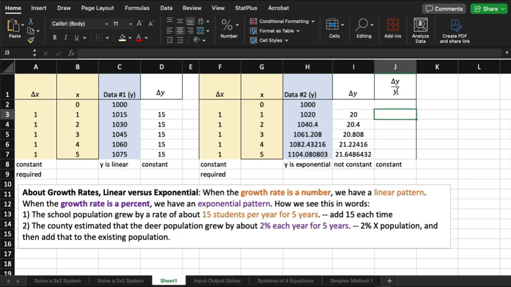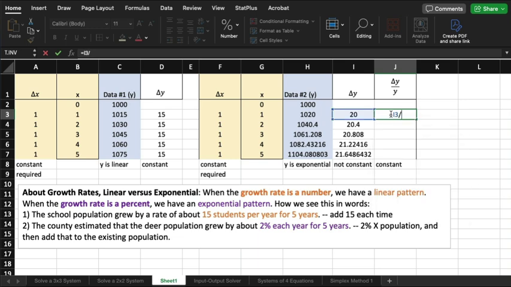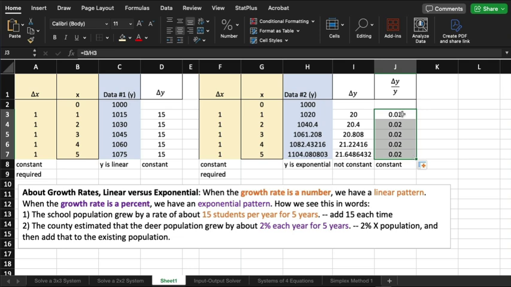So let's calculate delta y divided by y. That's going to equal I3 divided by H3. And fill that down. So if you want, we can actually change that to a percent so you actually see that when you do your delta y divided by y, that is going to tell you what your growth rate is.